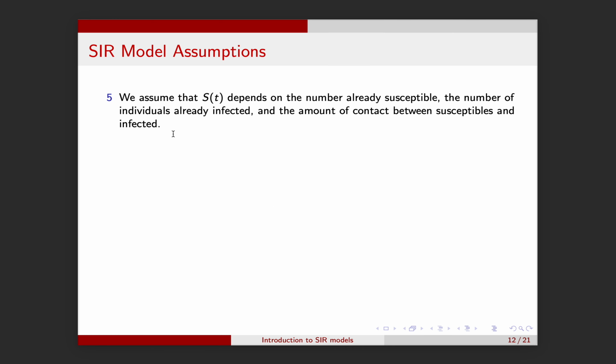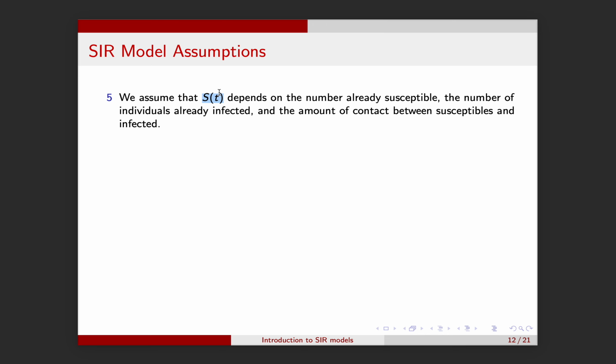Finally, we assume that the change in the number of susceptibles depends on 3 things: the number of people already susceptible, the number of infected people, and the amount of contact between them, which makes sense if you think about it. Think about how capital S of t is going to change over time. On the 20th day, S of 20, what is S going to look like on the 21st day?